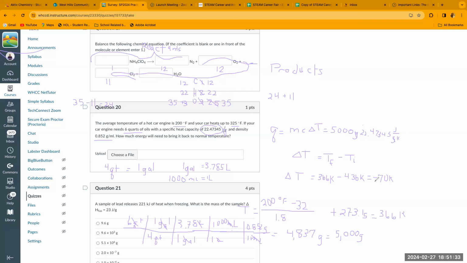And then we have that change in temperature, which is minus 70.